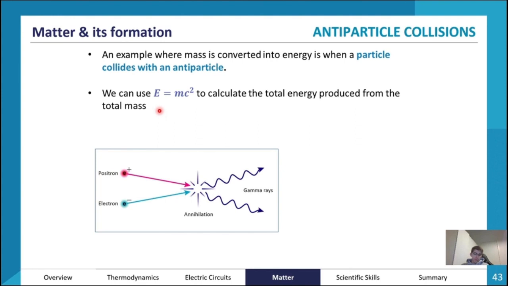For those of you who don't know, there is a law in chemistry stating that the mass of the reactants and products should be equal to one another, because if mass and energy are one and the same, or can be converted to one another, we know that there is a law, the law of conservation of energy, which states that the total energy of a system cannot be created nor destroyed.